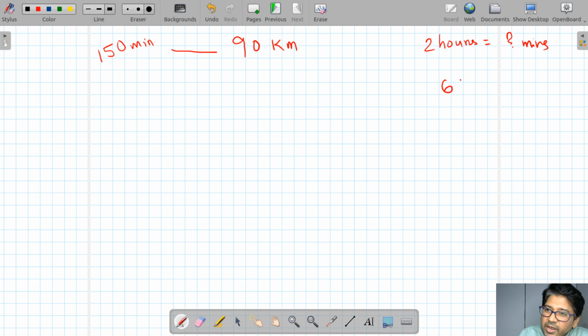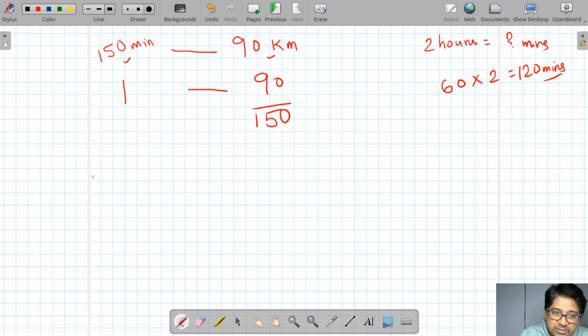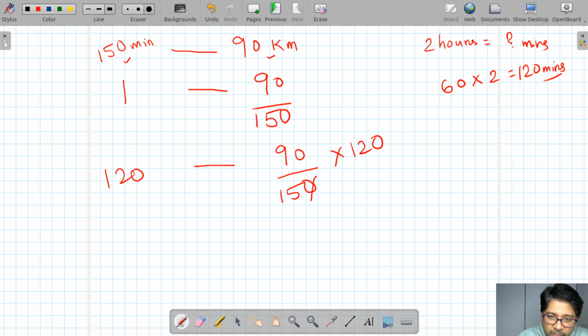And I have 150 minutes for 90 kilometers. So 1 minute equals 90 by 150. Then for 120 minutes, this will give you 90 by 150 into 120, and this will be cancelled out.